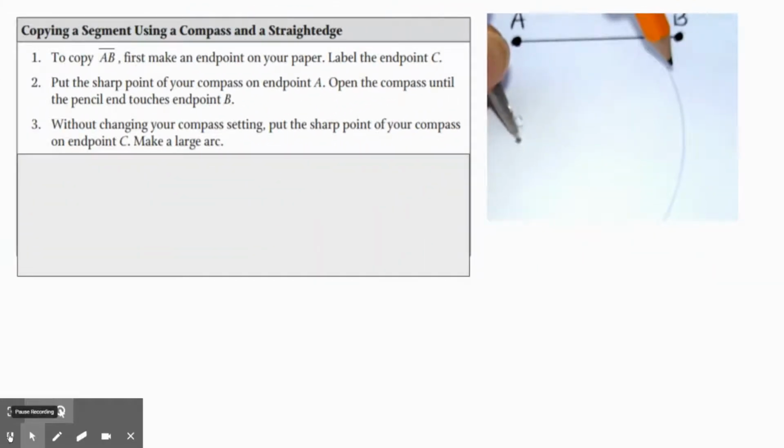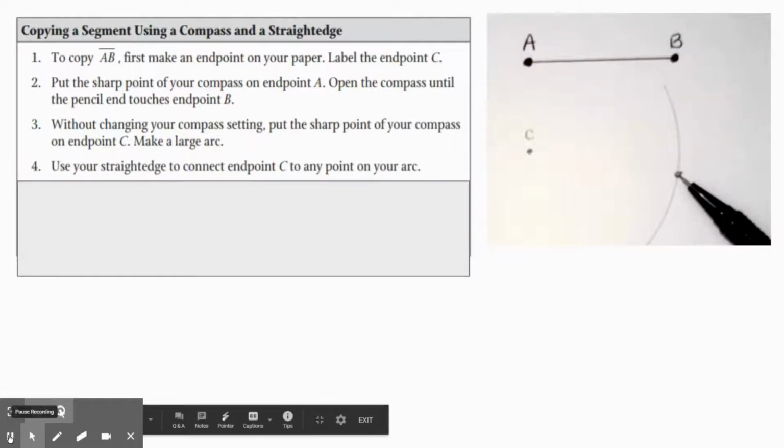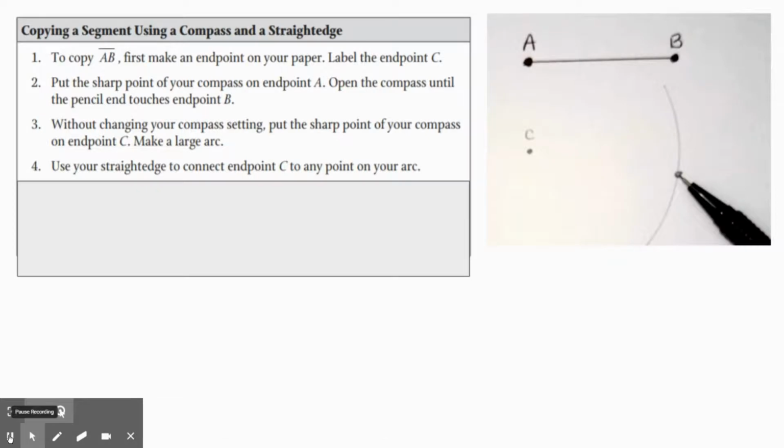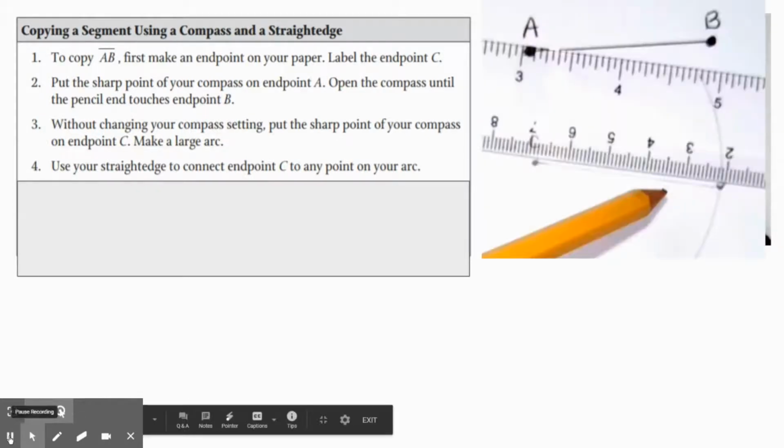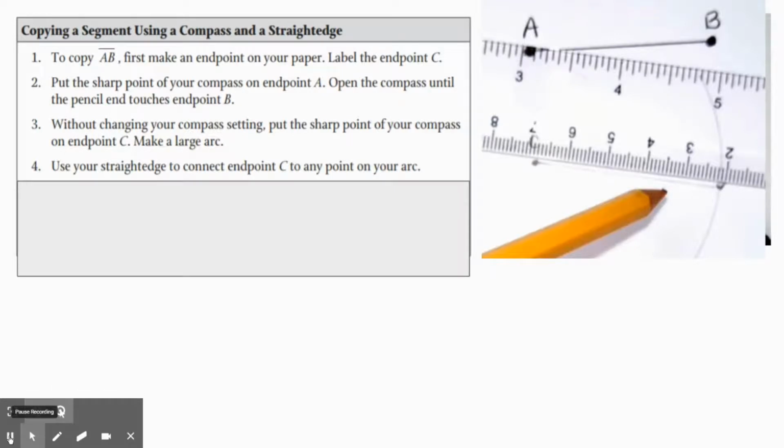The distance from A to B is going to be the same distance as C to any point on that arc. So you can just pick any point randomly on the arc, and then draw a straight line. Now notice my straight edge has numbers, but I'm not using the numbers at all. I'm using only the compass to quote unquote measure.